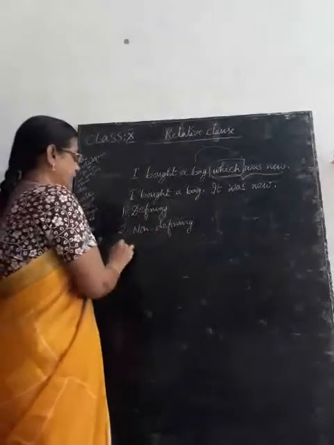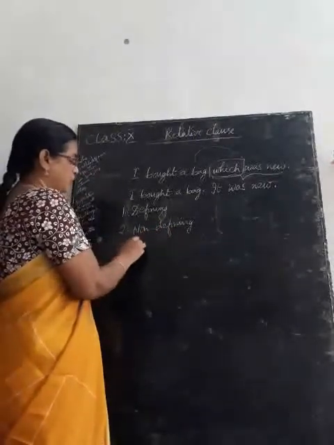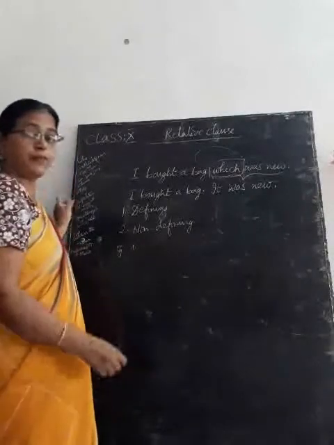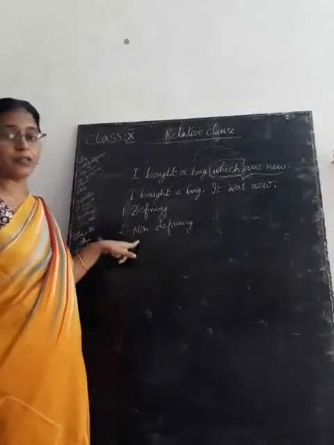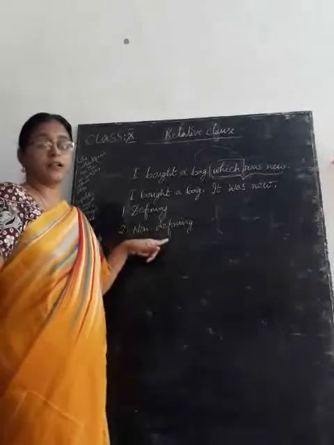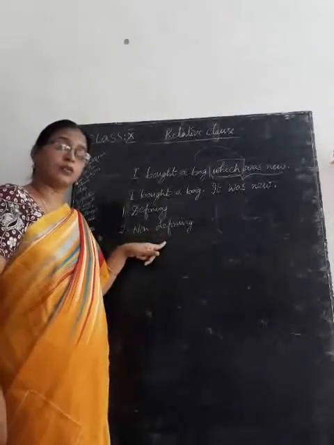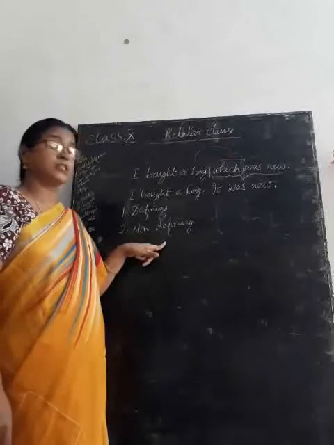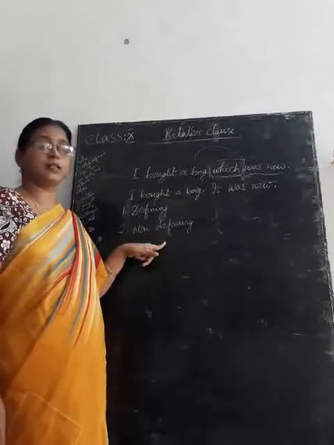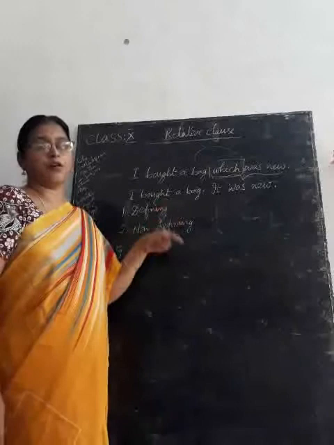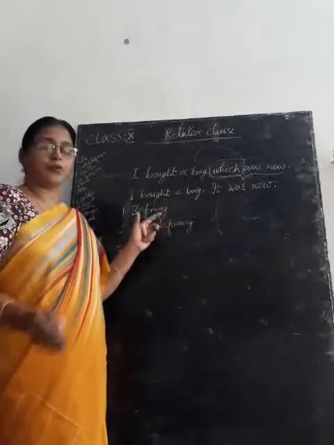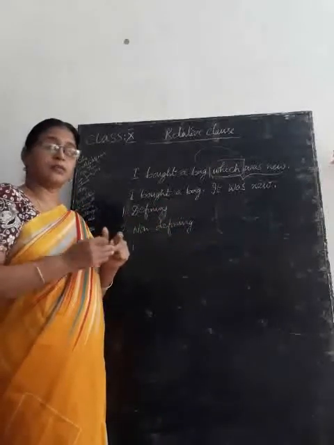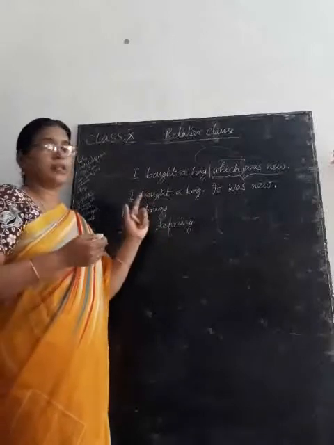I have taken these two examples from your textbook. One example for defining relative clause. I have told you what is relative clause. An adjective clause is also called relative clause. Relative clauses are subordinating clauses that describe a noun or noun phrase. Whenever we want to combine two sentences that describe the same noun, we use relative clause.